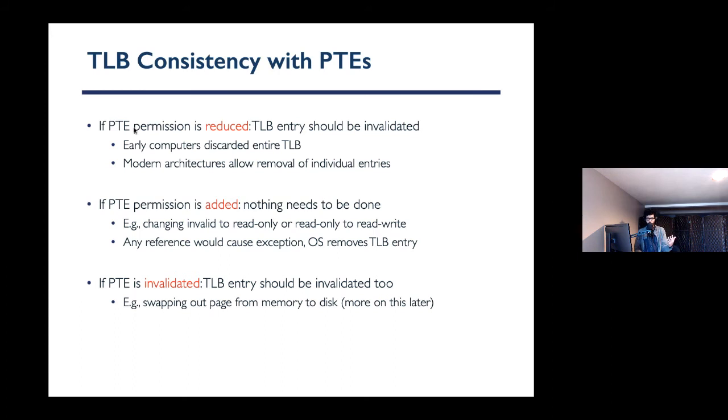In modern architectures, the hardware gives the operating system the ability to invalidate particular entries in the TLB. So you have to find the translation in the TLB and then invalidate it, saying this is no longer true. So basically you don't have it in the cache anymore. Next time the access happens, you have to go and look at the page table.